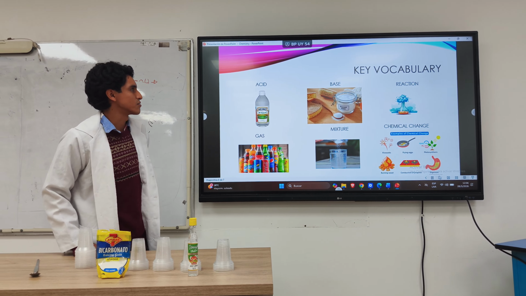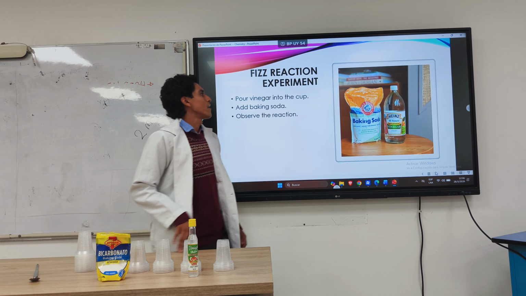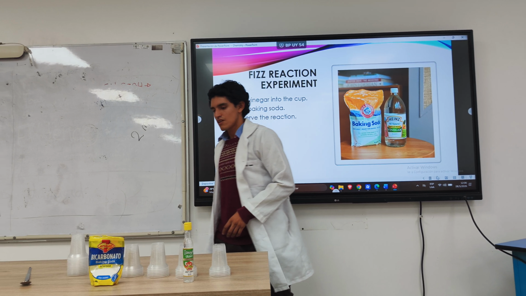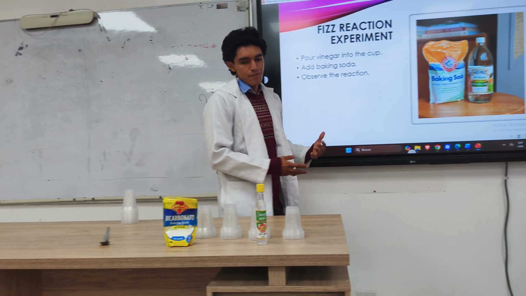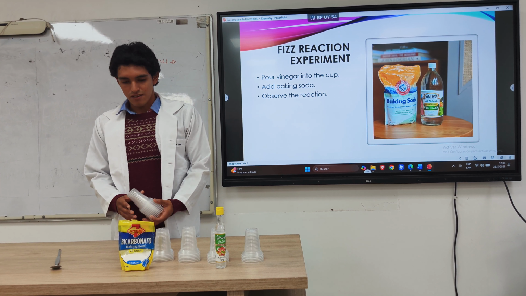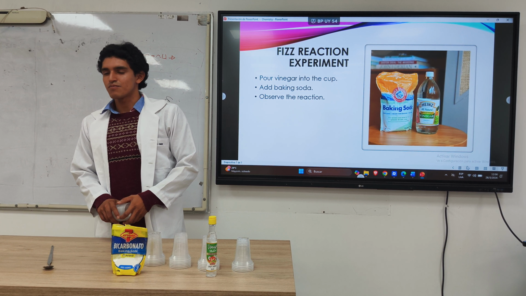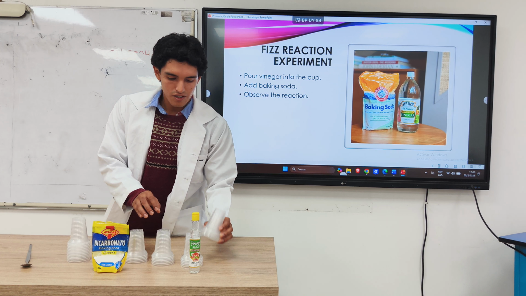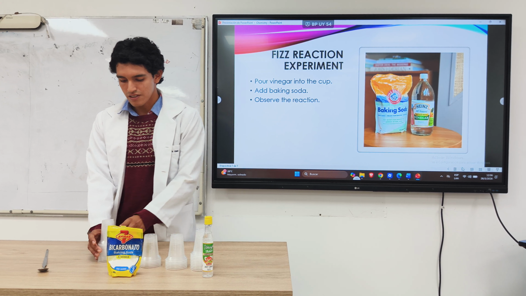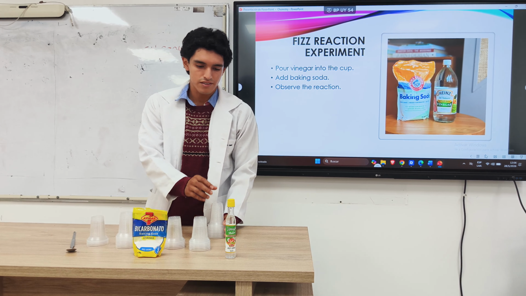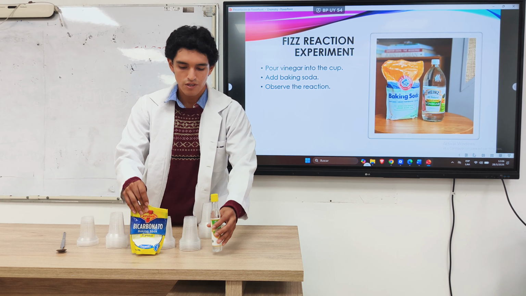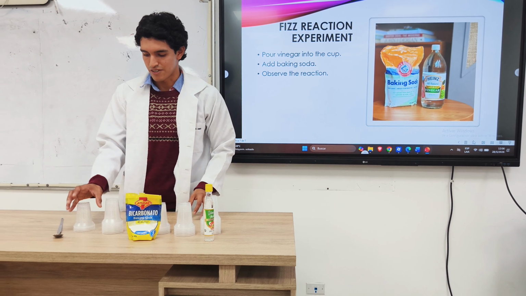Okay, let's continue. Now, I want to do an experiment about this vocabulary, this very important topic. I need the help of one of you, because we are going to do this individually. We are just going to mix these substances to see what the reaction of this mixing is.